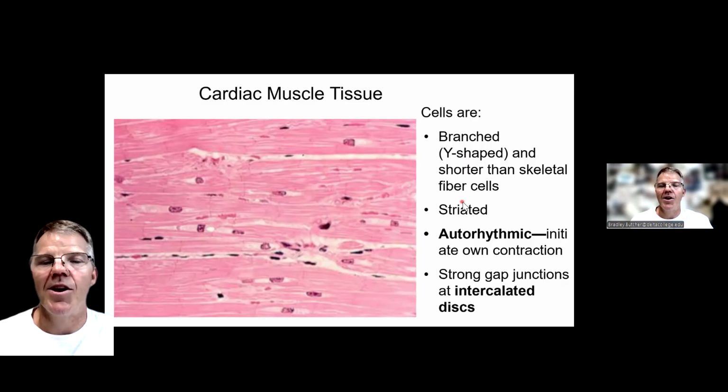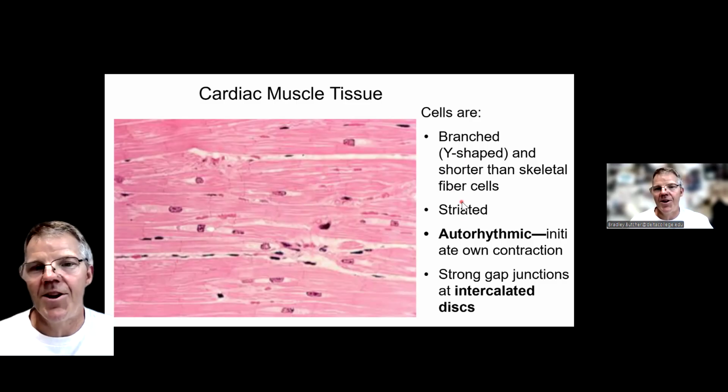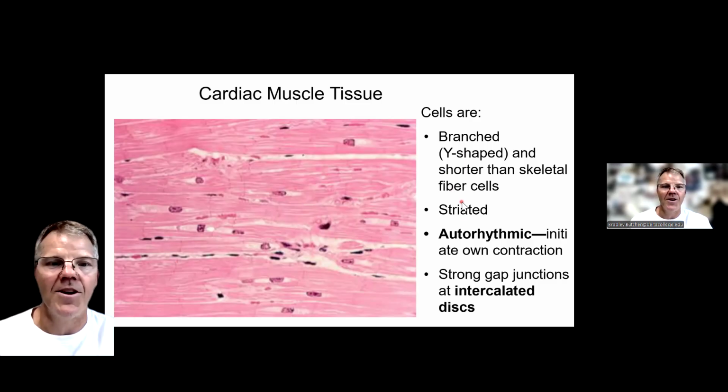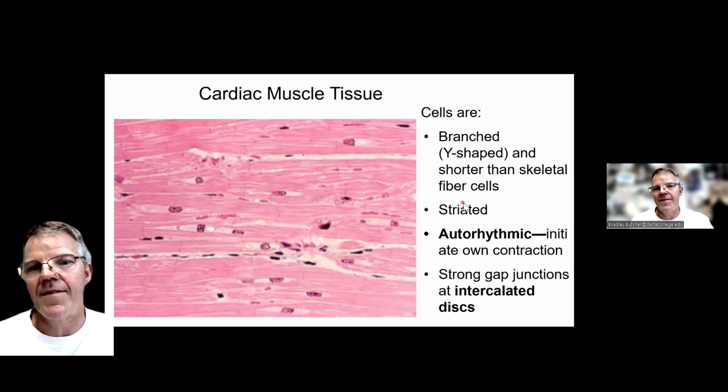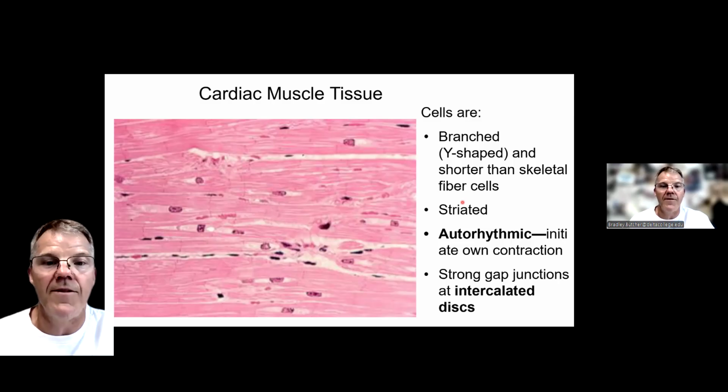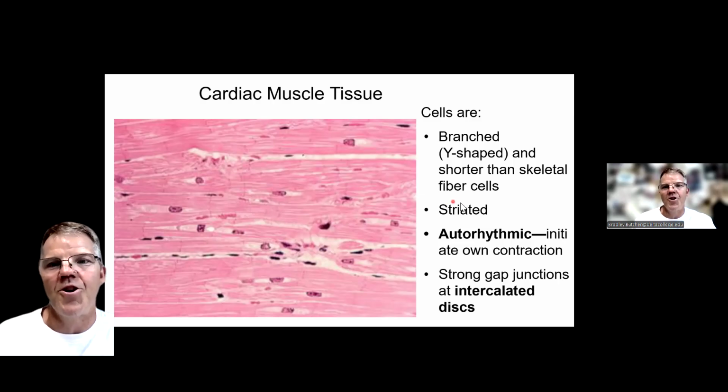Involuntary means that you don't get to decide when your heart muscle contracts, right? You do not get to control your heart when it beats, if it beats faster, if it beats slower, if it falls in love. You don't have the ability to control your heart because it is involuntary.